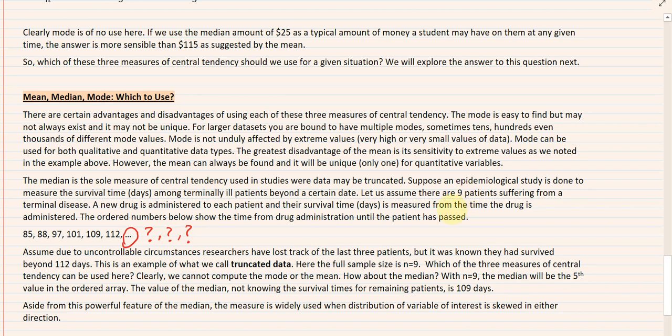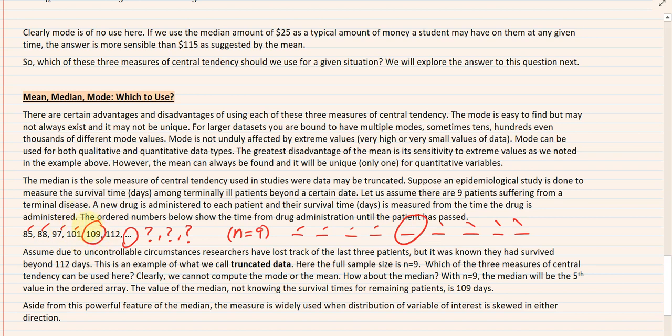Remember, the sample size is 9, true? So the median would be the middle value. I have 1, 2, 3, 4, 5, 6, 7, 8, 9 scores. 1, 2, 3, 4. The median will be the 5th score, wouldn't it? The middle value. And I have that, the 5th value there.